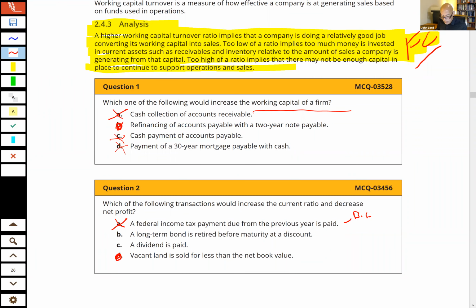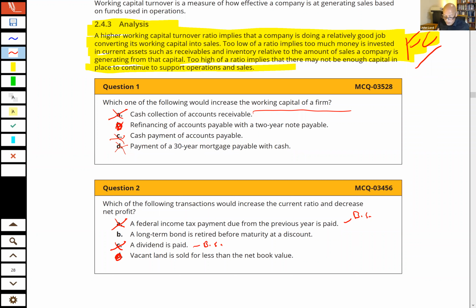Then I look and they say a long-term bond is retired before maturity at a discount. I'm thinking, okay, I'm not sure what that means. A dividend is paid. Well, if a dividend is paid, that does not affect my profitability at all. That is a purely balance sheet transaction. So I can get rid of A and C just by that thought process.